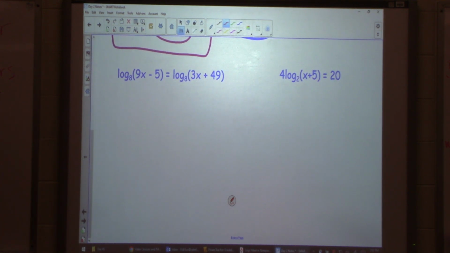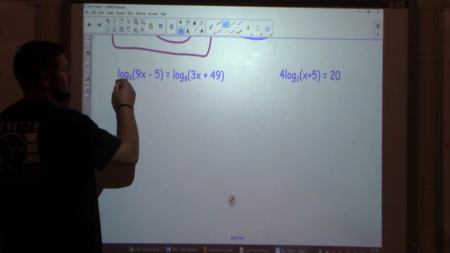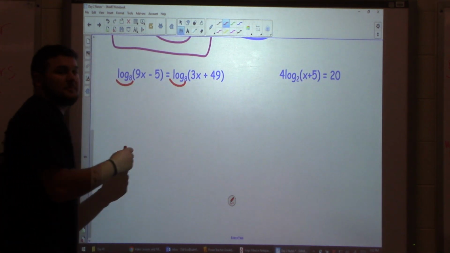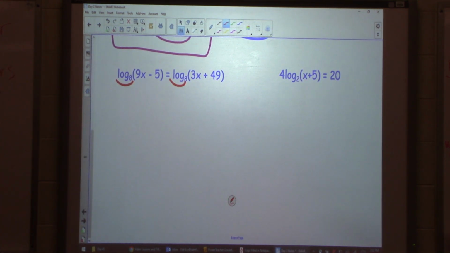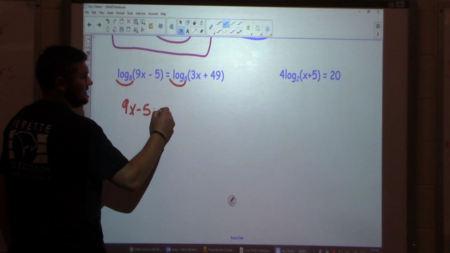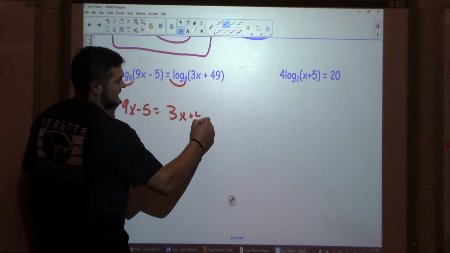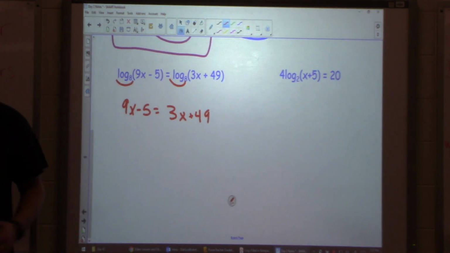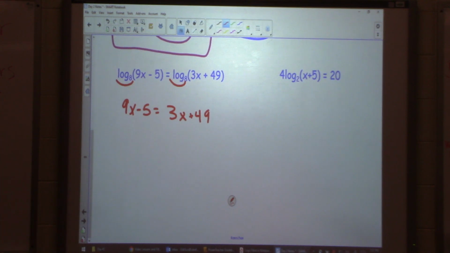We can drop them because the log base 8 are the same, which means what I am taking the logs of needs to be equal. So I can do 9x minus 5 equals 3x plus 49. We're not getting rid of the logs, we're just solving without them.